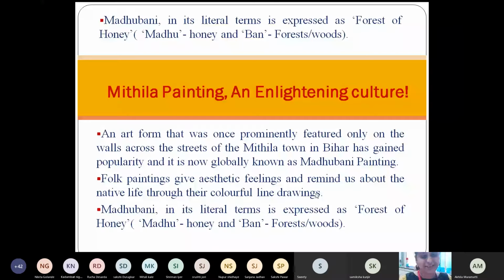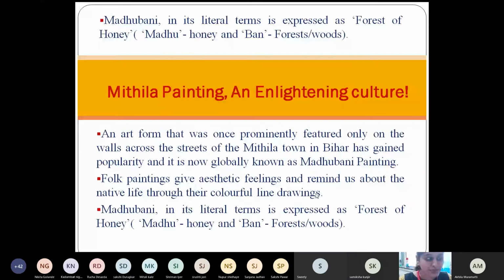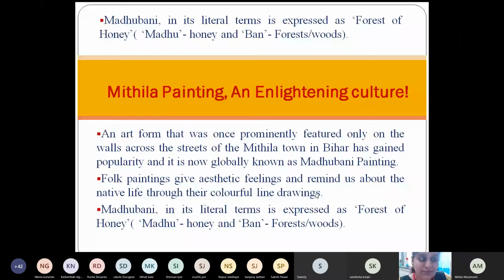So there is a very enlightening culture that has been followed for many decades, I can say. That's why you will see me highlighting Mithila painting across my entire presentation. So what essence does Mithila painting or Madhubani painting have? The art form was once prominently done in the streets and across the walls of Mithila town.